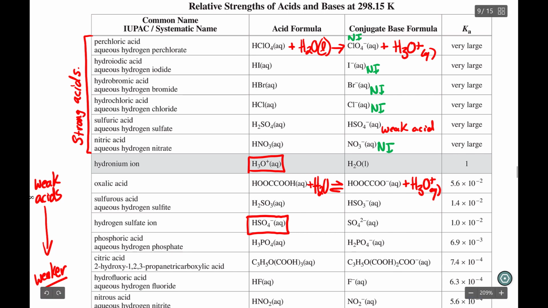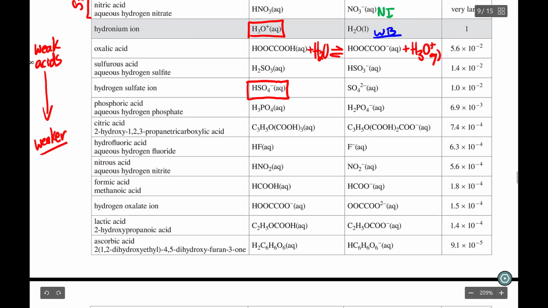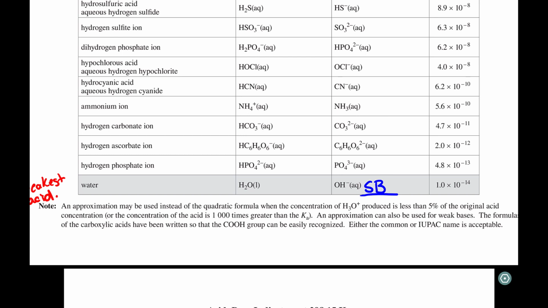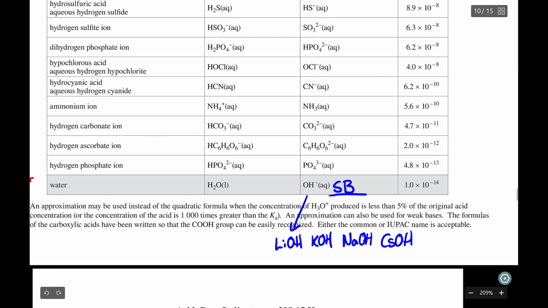So other than those, the weakest base is water. Okay, the strongest base is down here, which is OH minus. This is strong base. What you'll notice is there's no list of 6 or 5 things for strong bases. You are just required to know them. So remember, these are going to be things like LiOH, KOH, NaOH, CsOH, a group 1 metal cation with hydroxide.